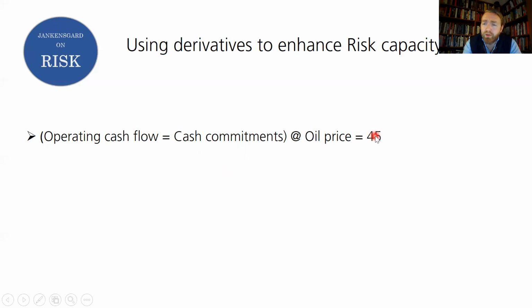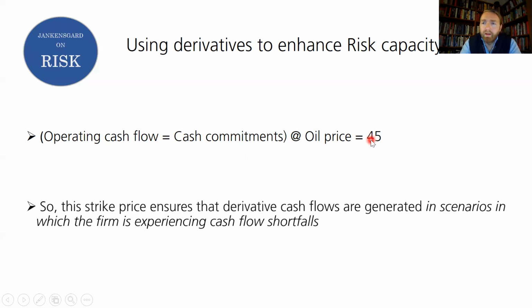We can solve for that. We just go back to the model and look at what kind of oil price assumption does it take to produce this identity here. When are they equal? Okay, well, let's select that for our strike price, which is the 45 that we've already entered. So we're trying to be efficient here.